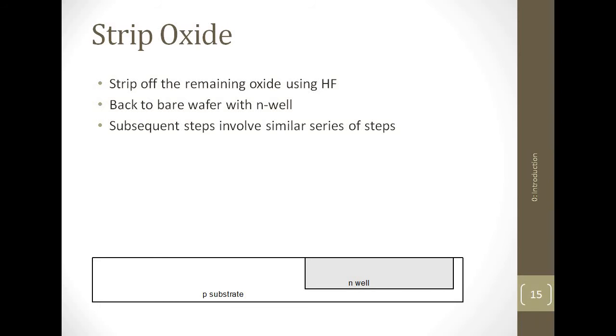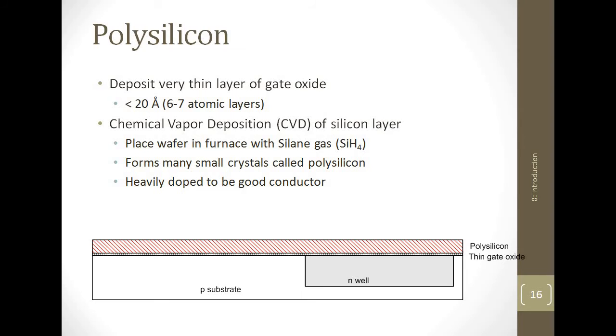Next step is to strip the oxide layer. So strip off the remaining oxide which is present over the layer using hydrofluoric acid, and we are back to a bare wafer with an N-well. Subsequent steps involve a similar series of steps. So next, depositing the polysilicon layer, over a very thin layer of gate oxide.